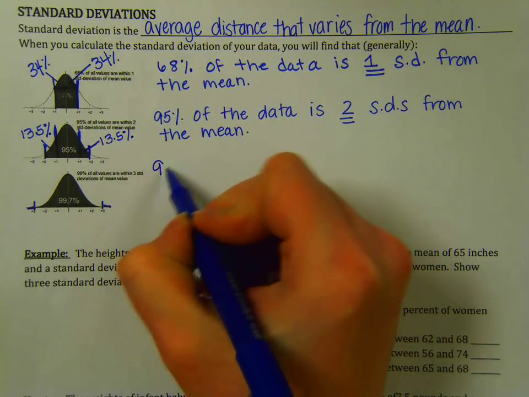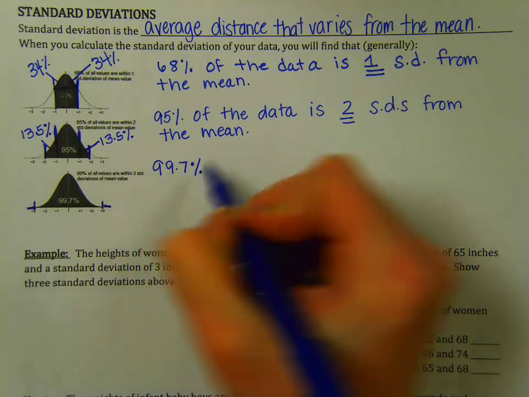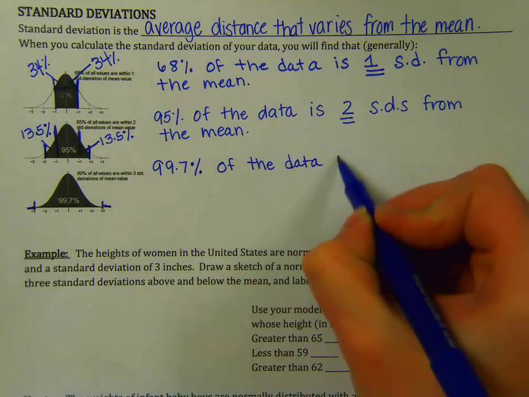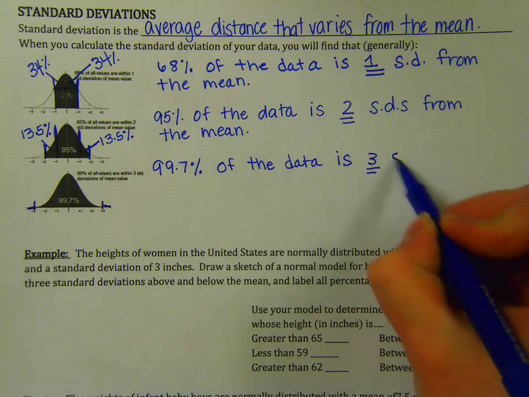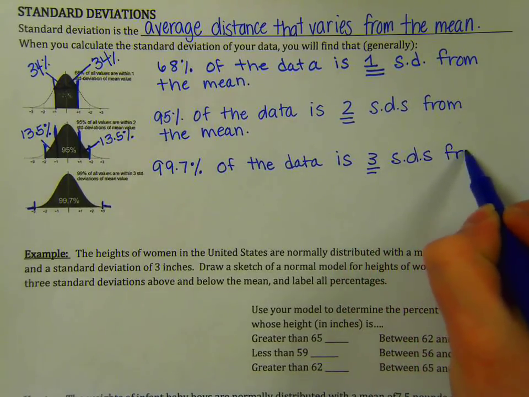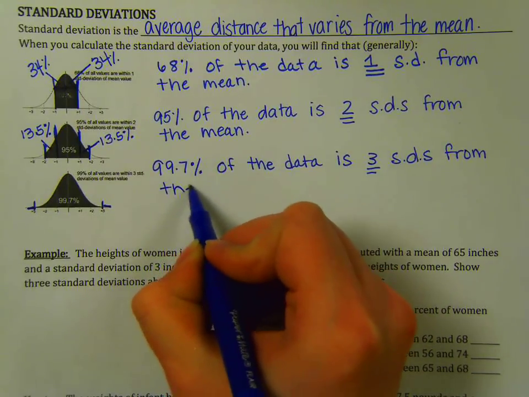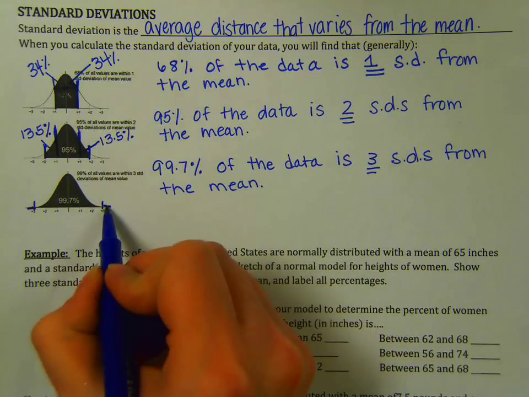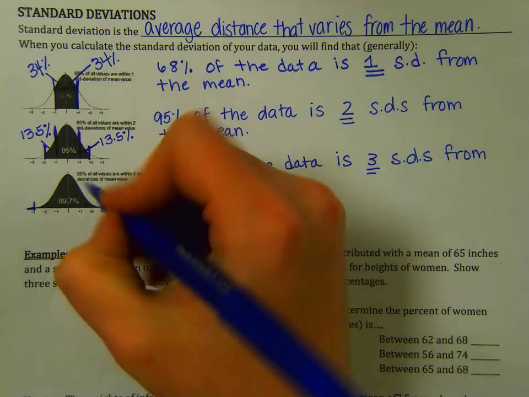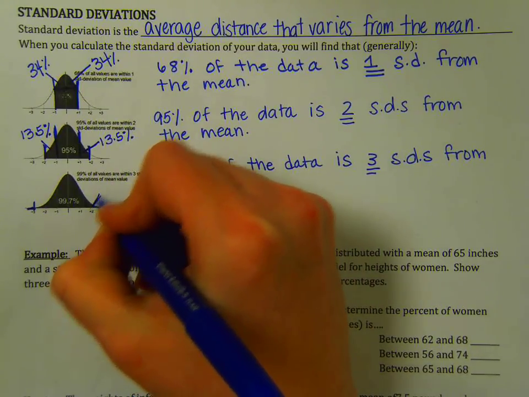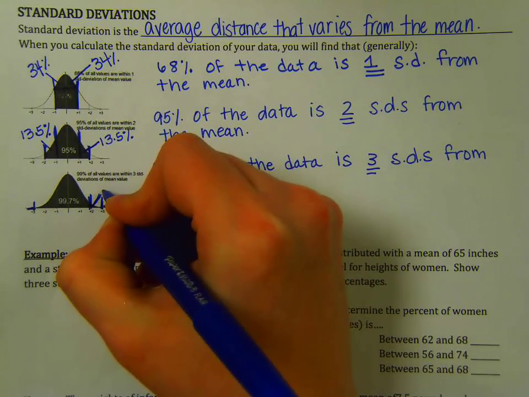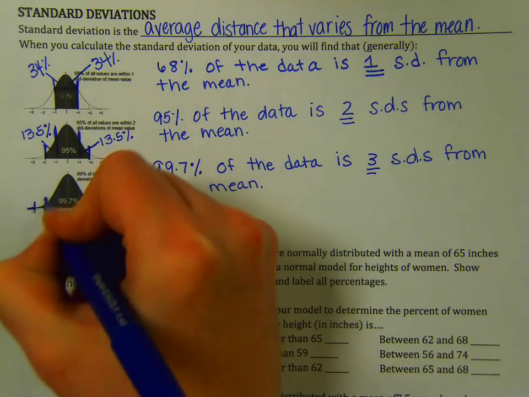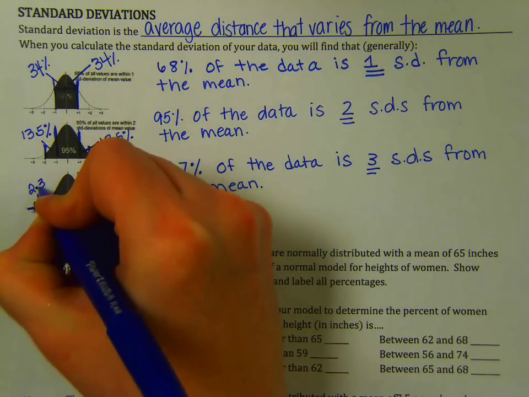But 99.7% of the data is 3 standard deviations from the mean. So disregarding these end ones, this little tiny part right from here to here, this is actually 2.35%. And again over here, 2.35%.